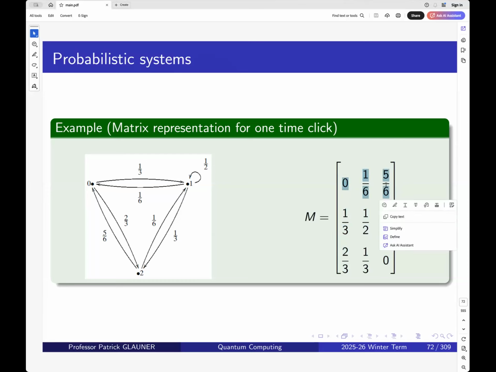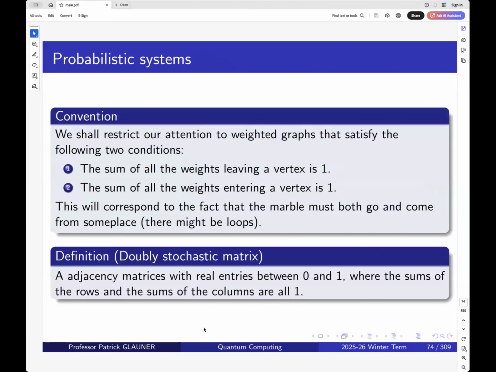So these entries add up to 1, these entries add up to 1, and these entries add up to 1. And it's the same for the columns. If you have that, then we have a so-called doubly stochastic matrix. These are the matrices we need in order to have proper probabilistic systems. So it's an important term.